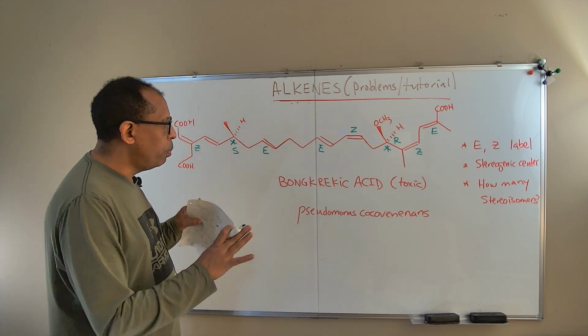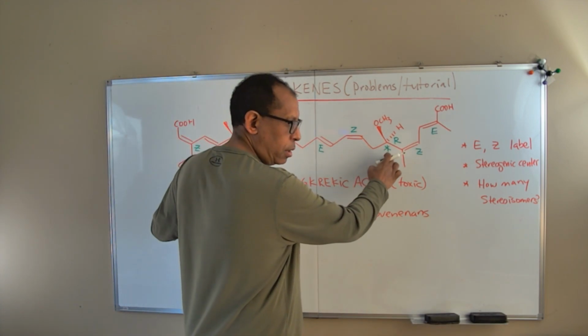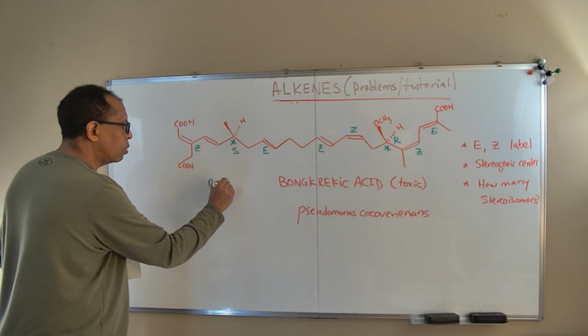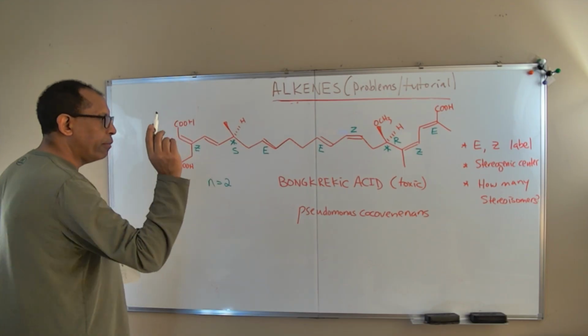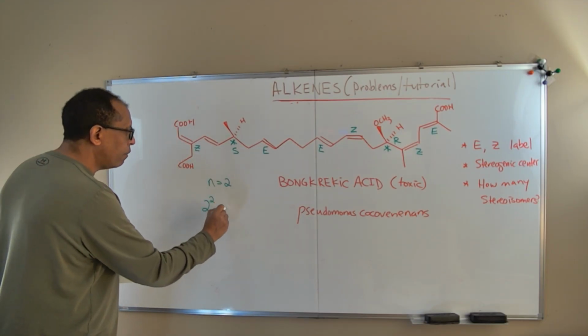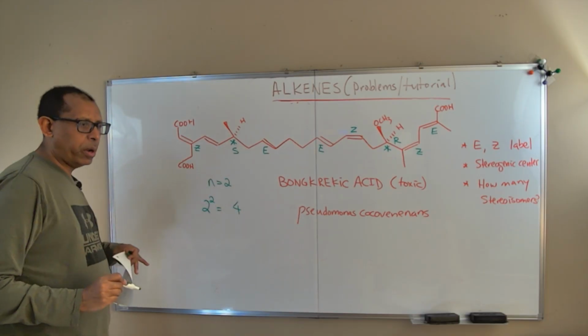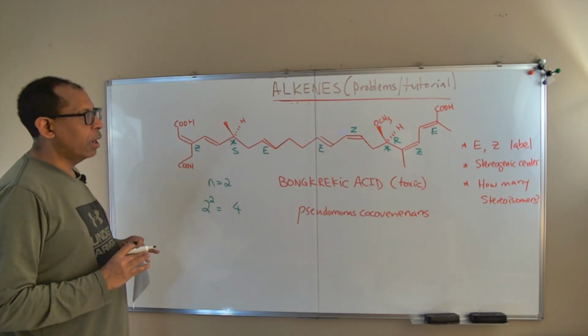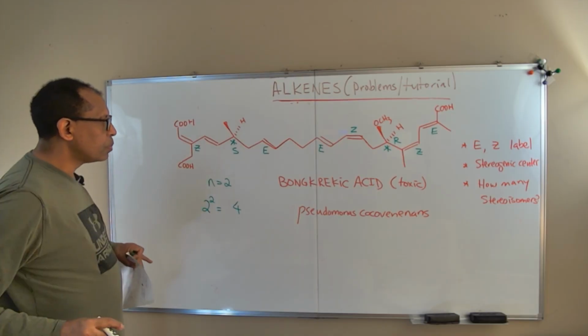Just based on the 2 stereogenic centers, you have n equals 2, so 2 to the power of 2, if you remember our formula, you have 4 stereoisomers possible based on the chiral centers alone.